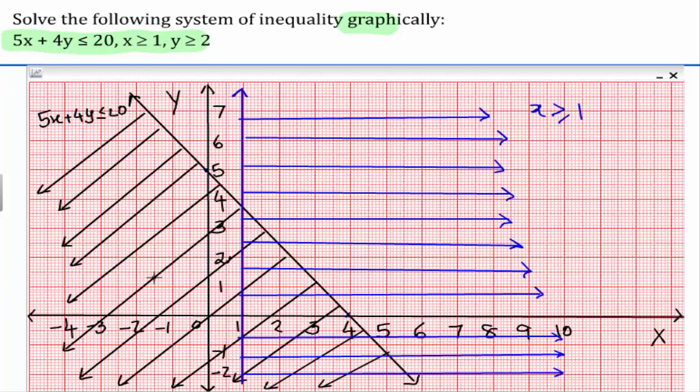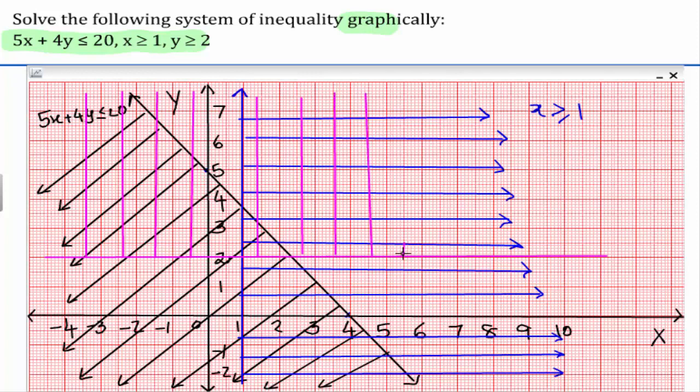So here the graph will be passing through 2, and as the inequality suggests, y is greater than 2, so therefore all the solutions will be towards this. The y is greater than or equal to 2, so all the solutions will be towards this. Now the pink lines are showing the solution of the inequality y greater than or equal to 2.